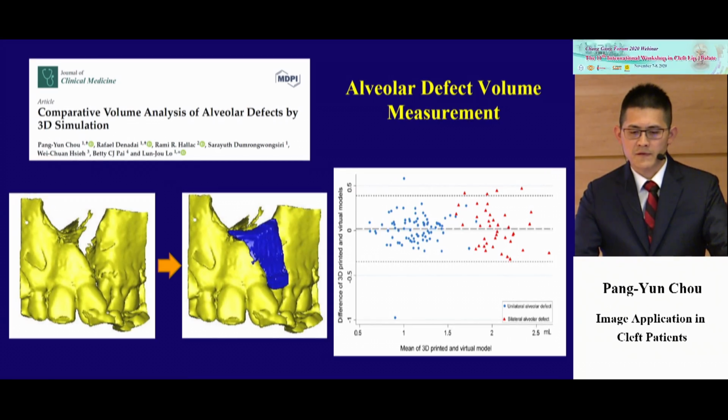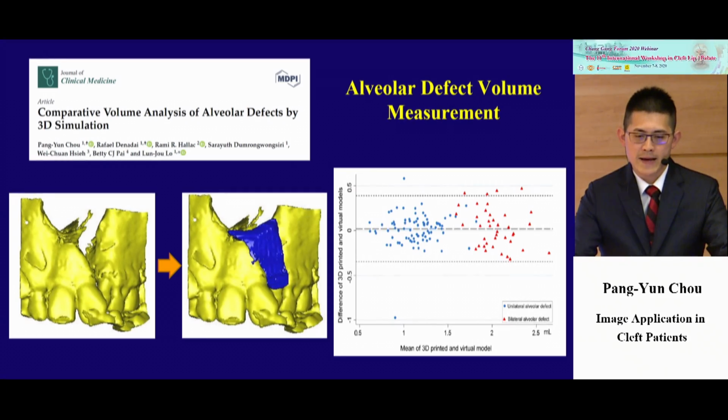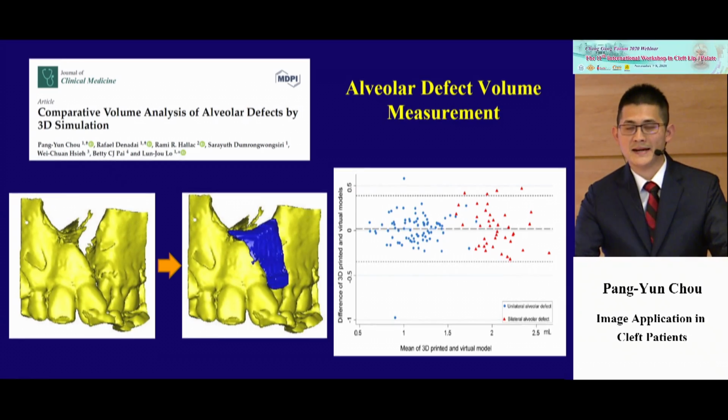The figure on the right tells us the real volumes in unilateral and bilateral patients. The blue dots show that for a single unilateral cleft, the volume needed is around 1 milliliter, and at most 1.5 milliliters. For bilateral cleft alveolar defect patients, what we measured is around 2 milliliters, and at most 2.5 milliliters.